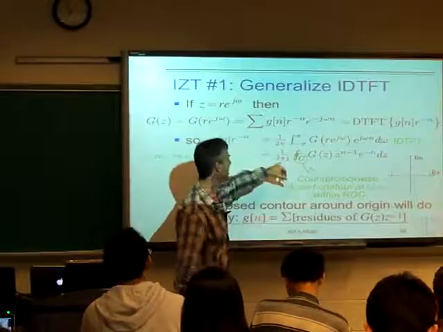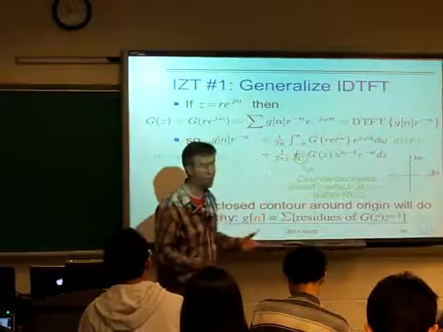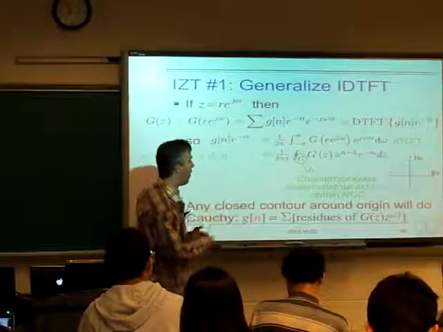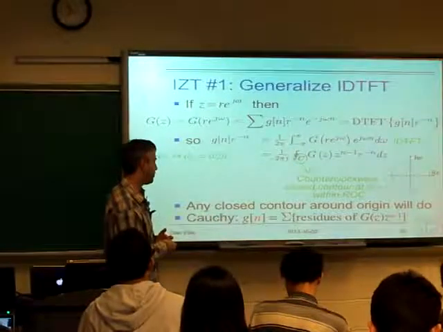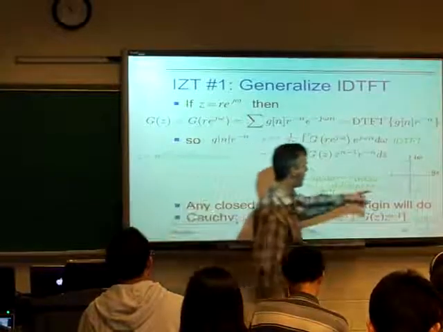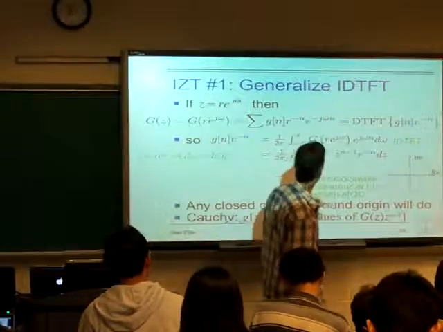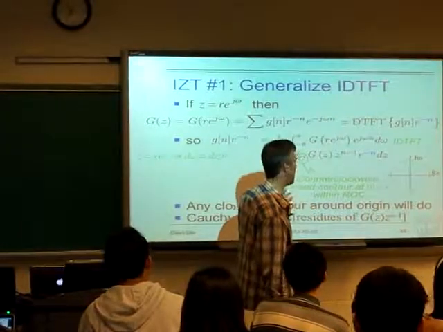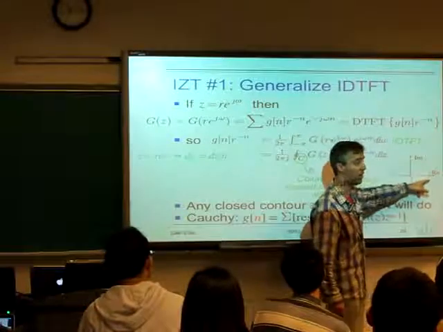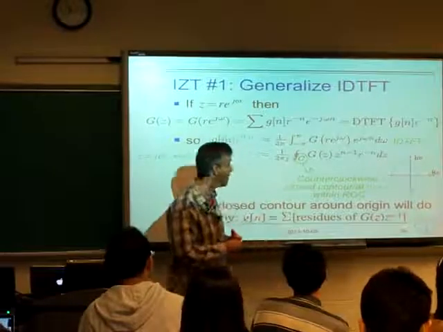So this is basically the generalization of the IDTFT, but now expressed in terms of z, in terms of a loop on the z-plane. On the z-plane, we're finding some set of values. I'm not sure why it's counterclockwise, but we're evaluating the integral along that circle there. And as long as we're inside the region of convergence, then the values are all valid and we're okay.